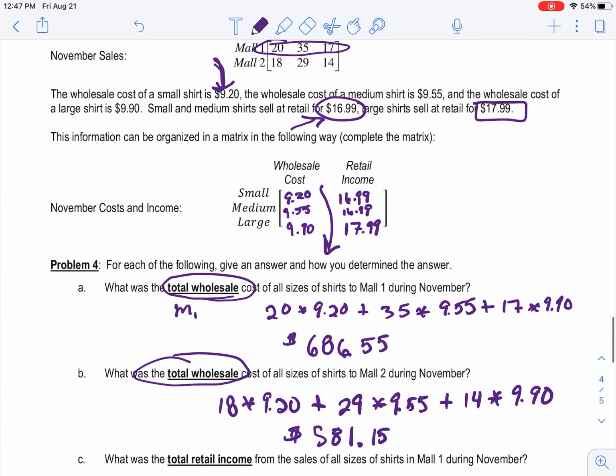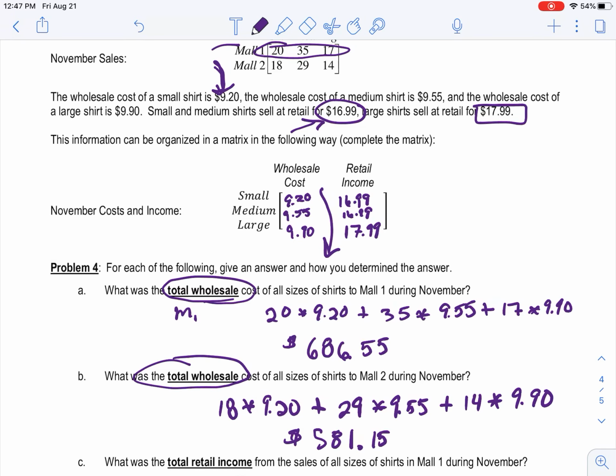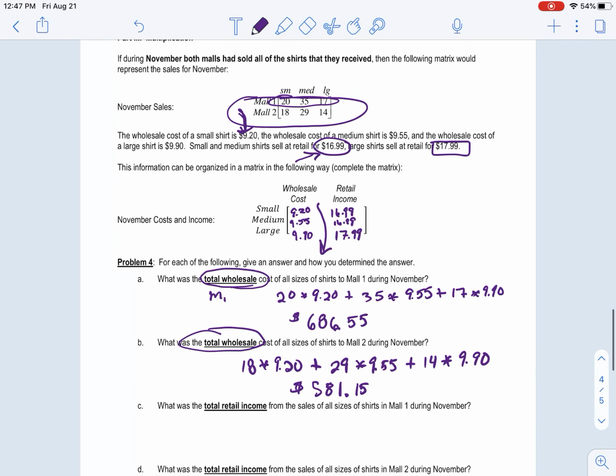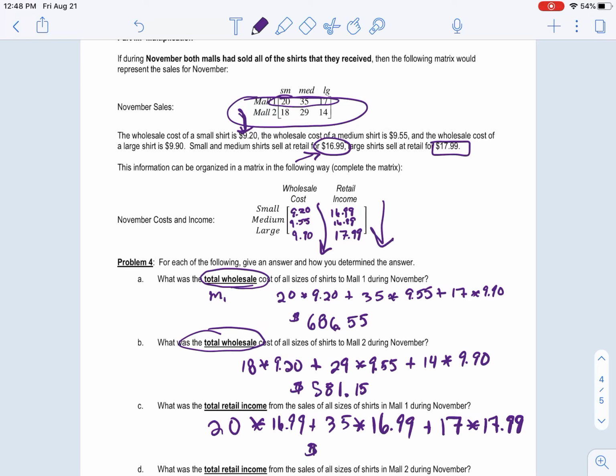Total retail income. So we need this number up there. I'm going to make this a little smaller. Here we go. So retail, I need to use these now. So Mall 1, I have 20 shirts times $16.99 plus 35 shirts times $16.99 plus 17 shirts times $17.99. So how much did we make?